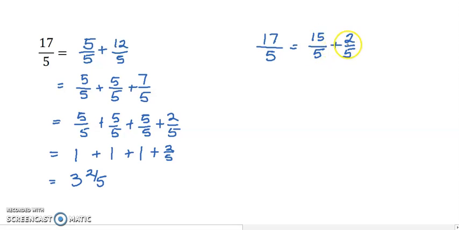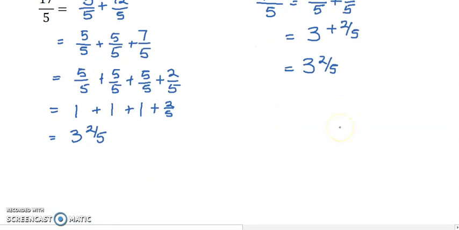So 15/5 plus 2/5 gives us back 17/5. 15/5 gives us 3 whole ones, plus 2/5, which is equal to 3 and 2/5. All right, that's how we do that.